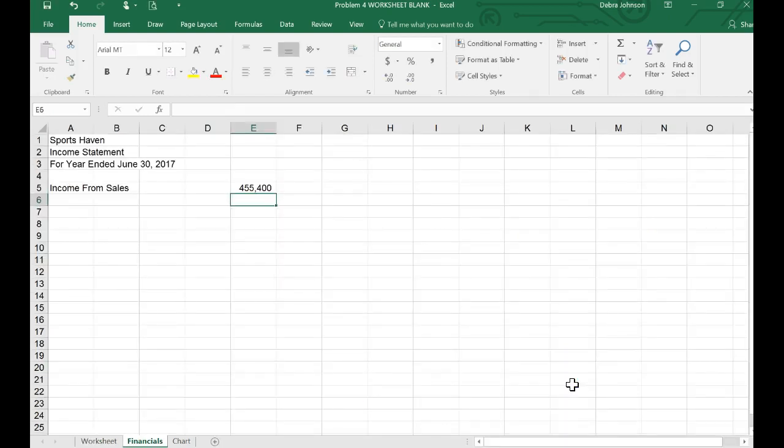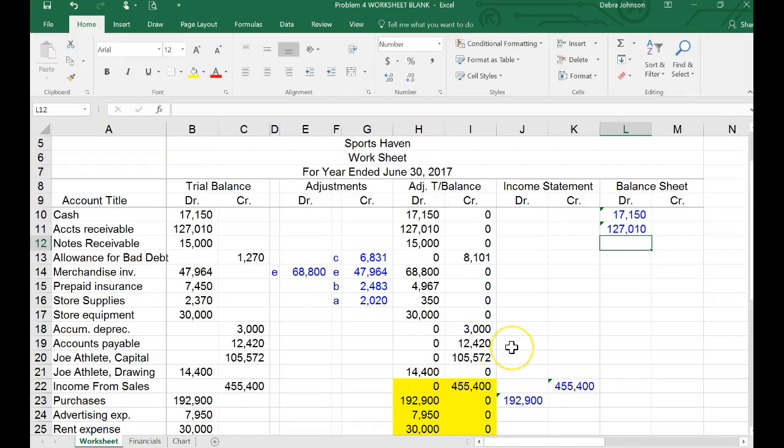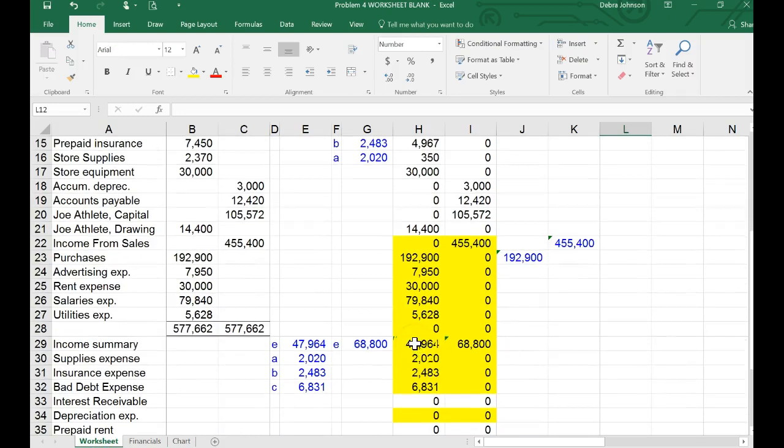Okay, so because we're grabbing numbers, I want to take you to the worksheet one more time and talk a little bit more about that income summary account. So let me do that now. On the worksheet, both of these numbers here, I'm going to put them in red. Both of those numbers need to be carried over to the income statement because one represents beginning inventory and the second represents ending inventory.